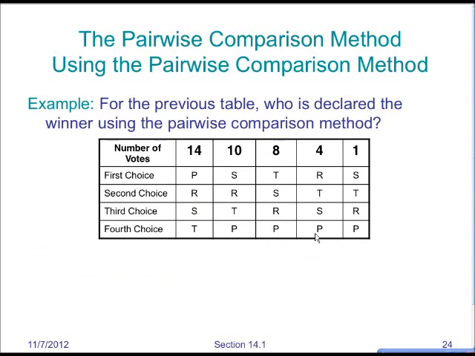So the first people we're going to look at are Paul versus Rita. 14 people like Paul better than Rita.